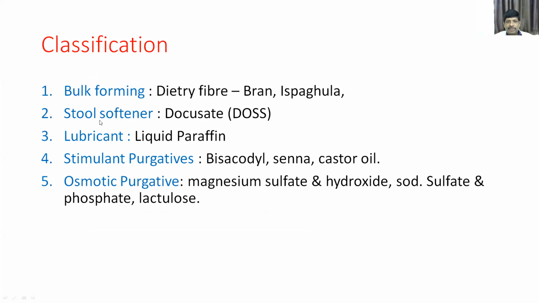These are the different groups, and these are the examples. A question can be given like, give an example of a bulk forming drug or lubricant laxative. You need to write this answer. If asked to write the group, you have to write this too.